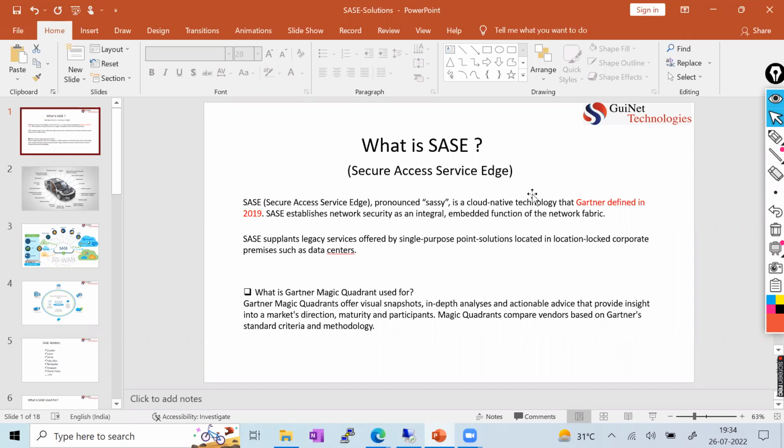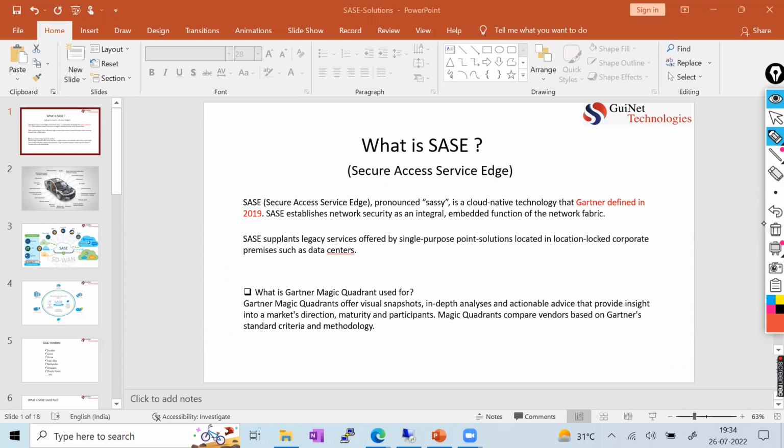Let me briefly explain what SASE is. The full name is Secure Access Service Edge, where we are talking about something secure, access, and service edge. There are two terms, the access layer and the edge layer, and we are securing the services we are running across our network fabric. So that's the full name, Secure Access Service Edge.